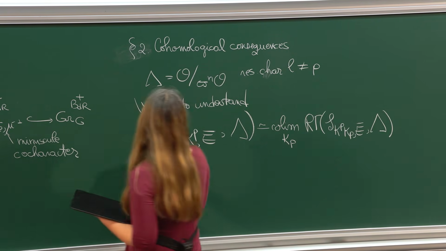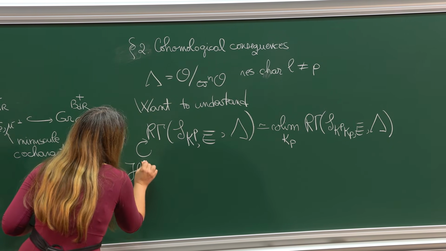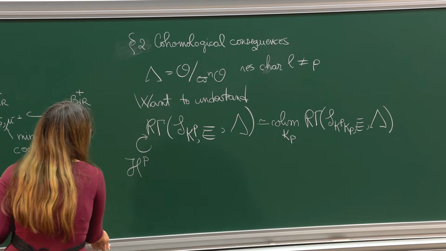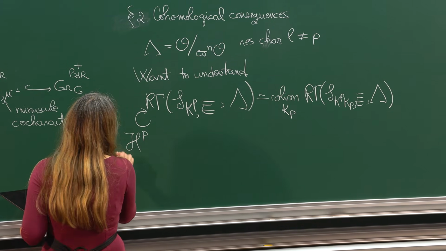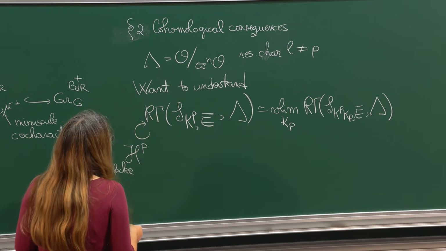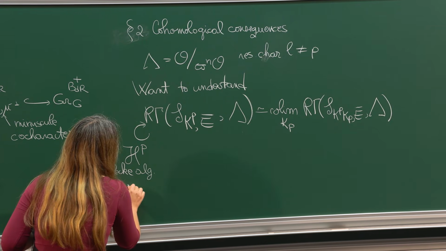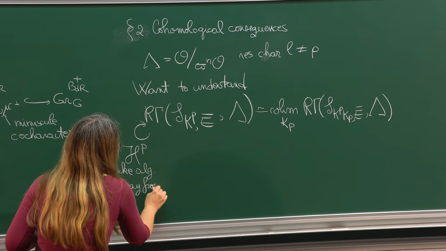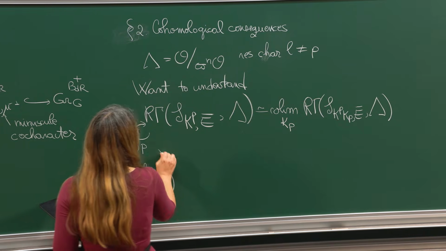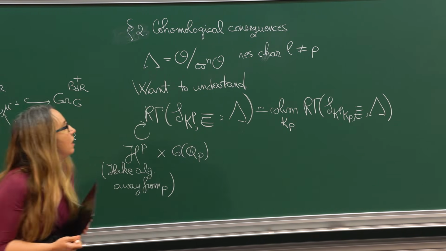Okay, so this has some structures. It has an action of a Hecke algebra away from P, right, so a product of spherical Hecke algebras at all but finitely many primes. It has an action of GQP, and it's a smooth representation of GQP.